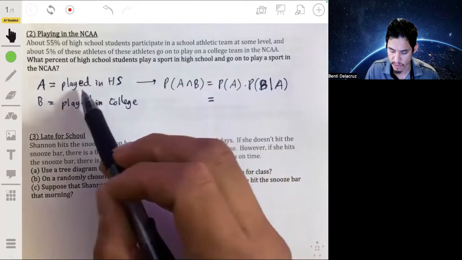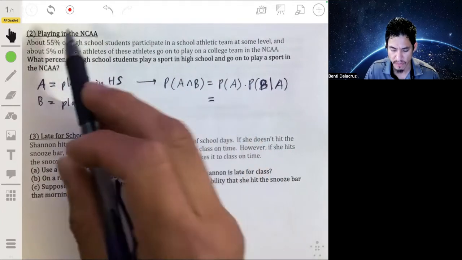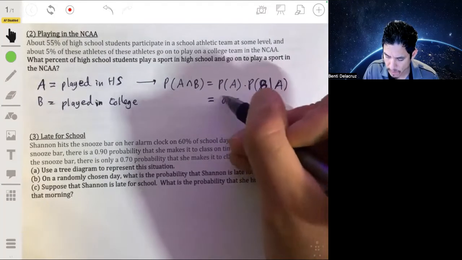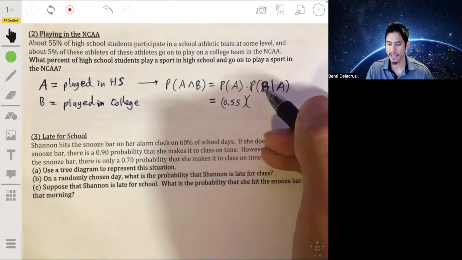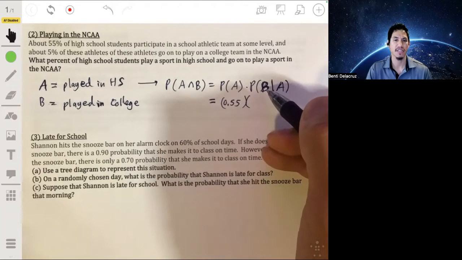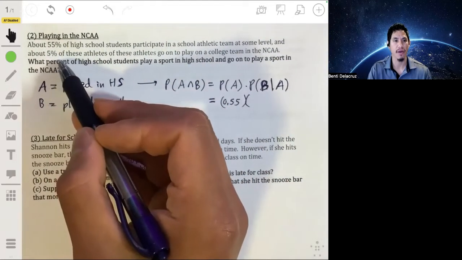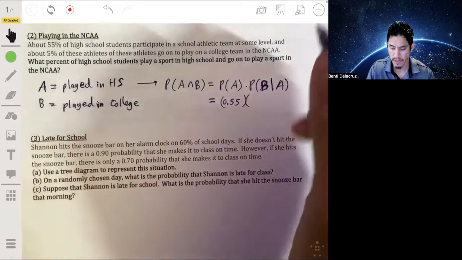So for A, the probability they played in high school is 0.55. What's the probability that they're going to play in the NCAA given that they play in high school? It says about 5% of them go on to play on a college team.